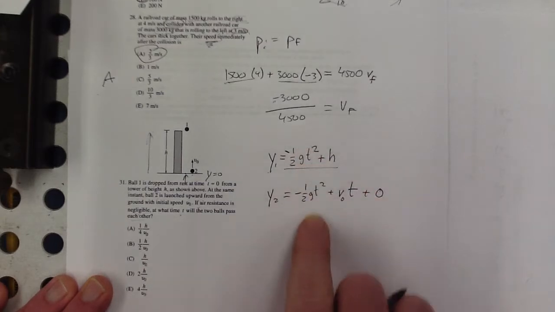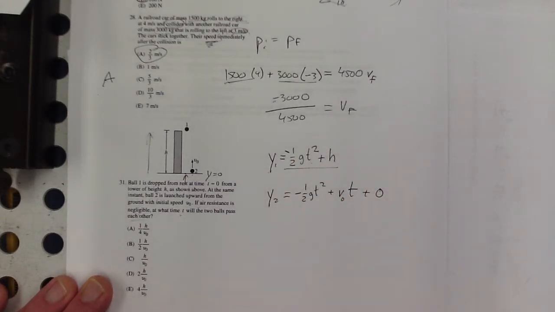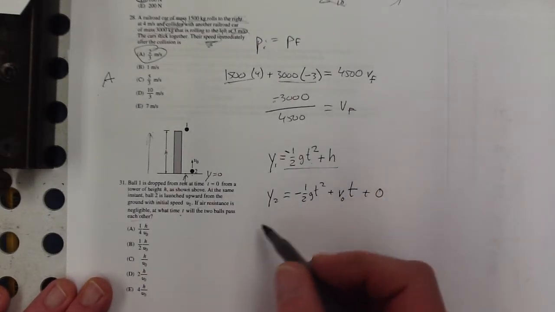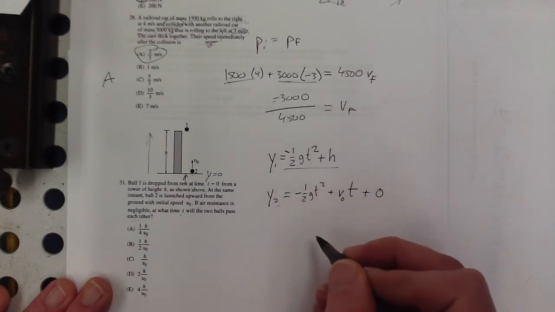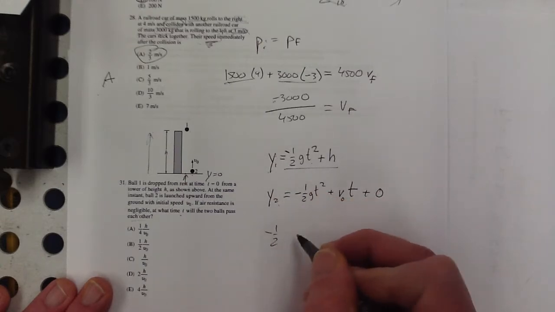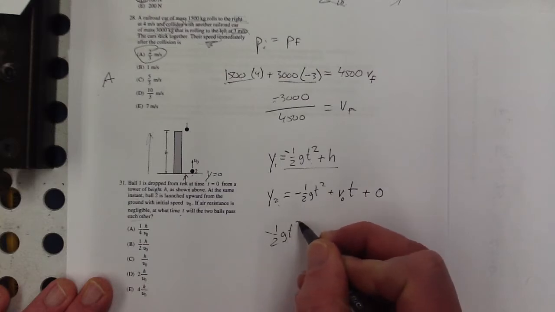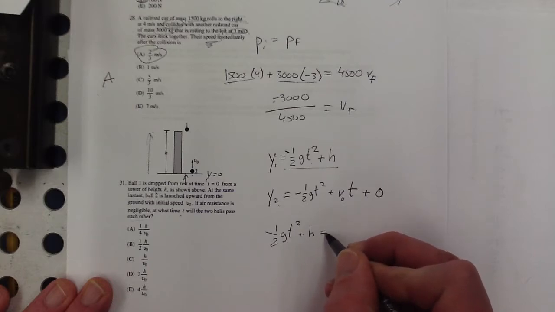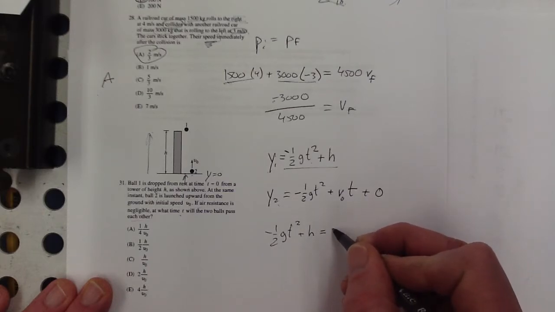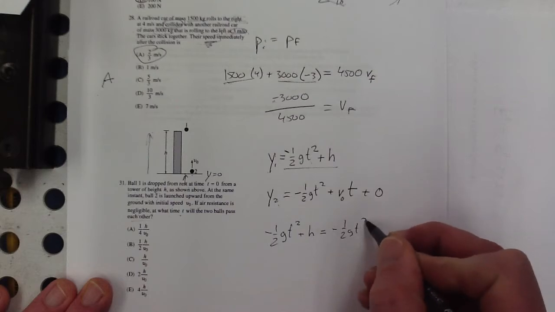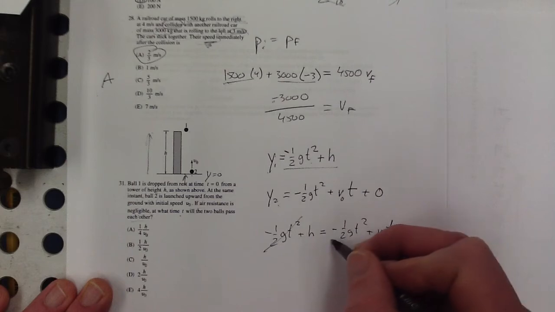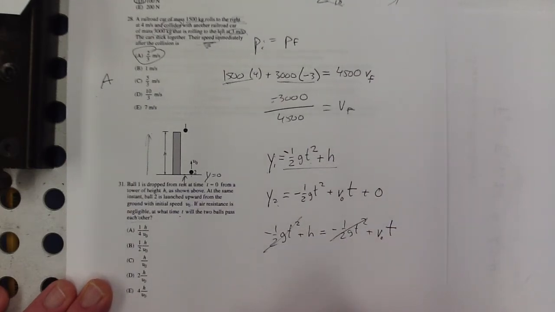And we want to know when these two things are equal to each other, right? So if I set those equal to each other, those cancel out.